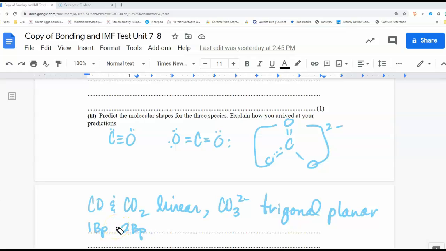And there is no central atom on the carbon monoxide, but the CO3 has 3 bonded pairs and no lone pairs. So that gives us the trigonal planar. You could also say that it follows the AB3 format, whereas CO and CO2 simply follow an AB or an AB2 format, thus making linear. You could attack it either way.